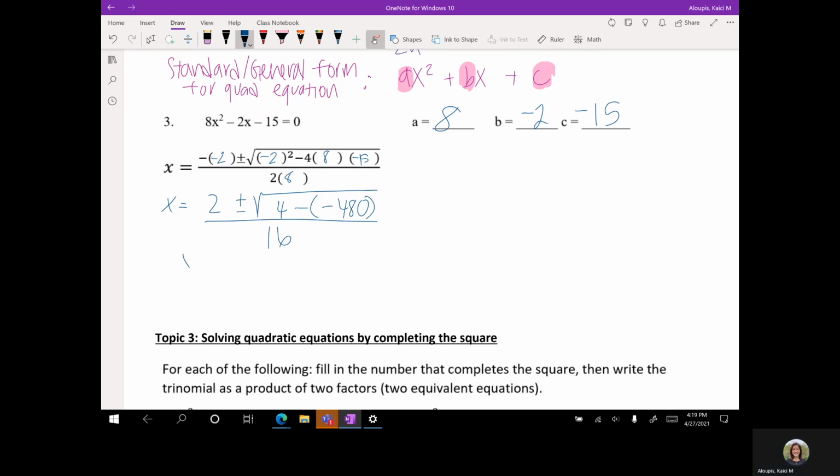X is equal to 2 plus or minus the square root. And in this thing here, we have 4 subtract negative 480. Well, like I just said, two negatives make a positive. So when you subtract a negative, we are adding. So I'm going to write 4 add 480, and this is all over 16.